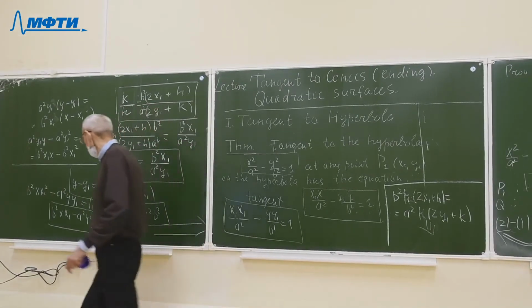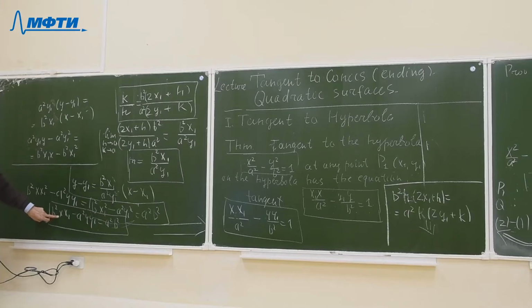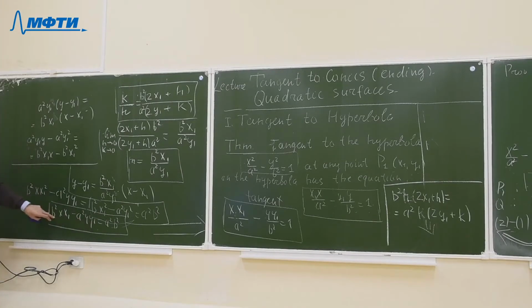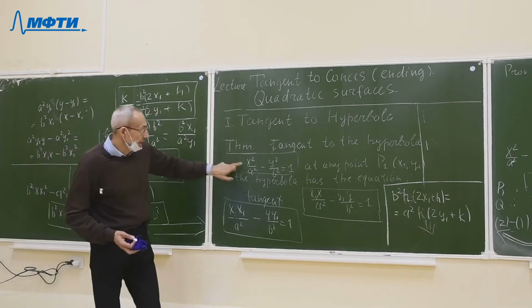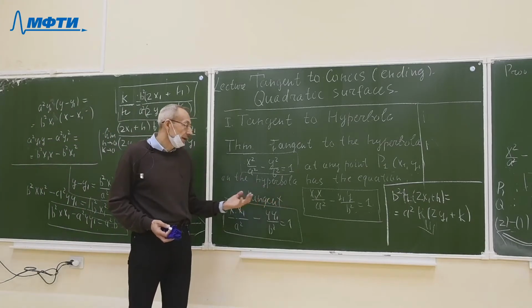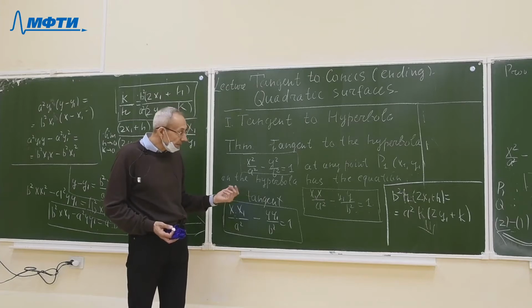reasoning. But this equation, x1, is the equation of the straight line. And in this equation, x is a variable, and x1 is a fixed number. And we obtain that this equation and this equation have different senses.